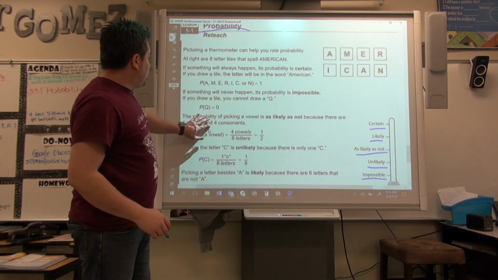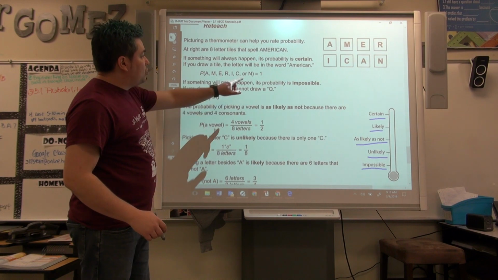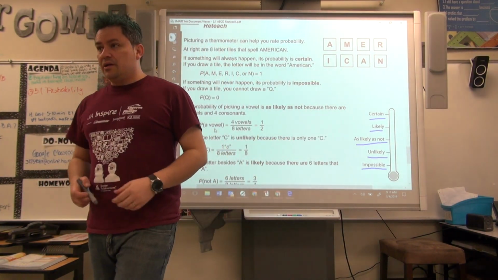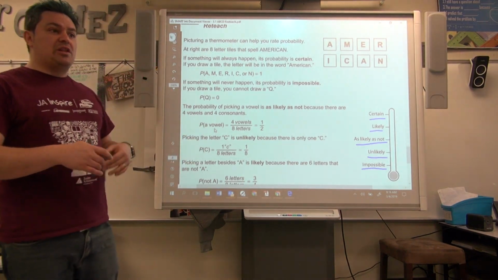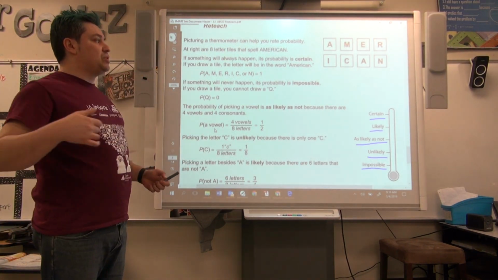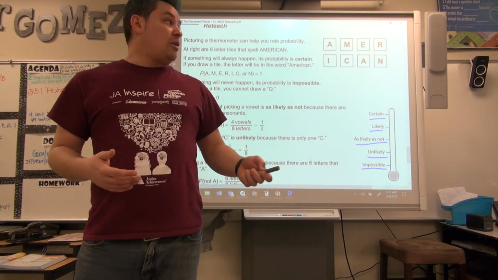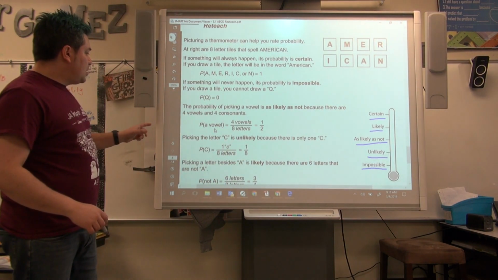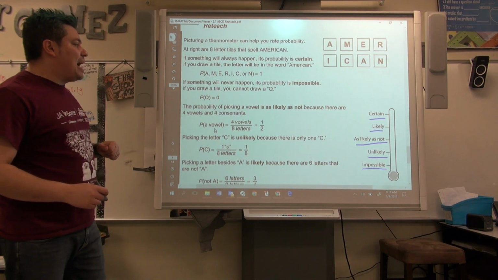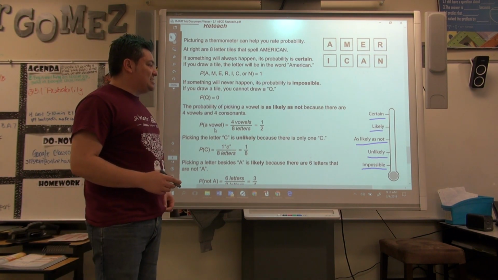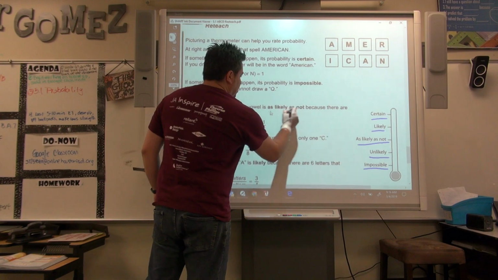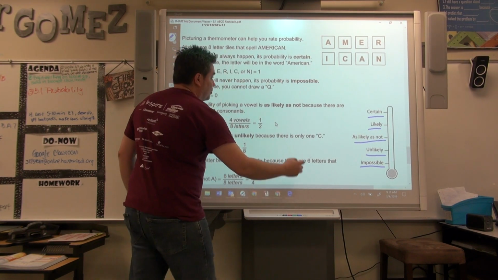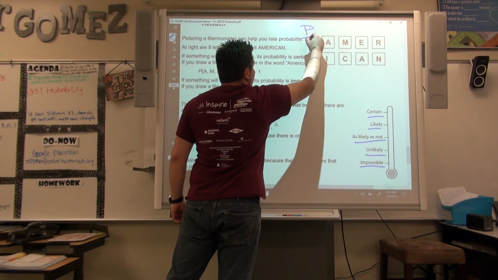Right here, at the right, we have a few cards that spell the word American. And then they ask you, what is the probability of picking a card with the letter A, or the letter R, or something like that. So let's look at the examples. It says the probability of picking a vowel is as likely as not, because there's 4 vowels. Like I said, we're gonna do part over total.